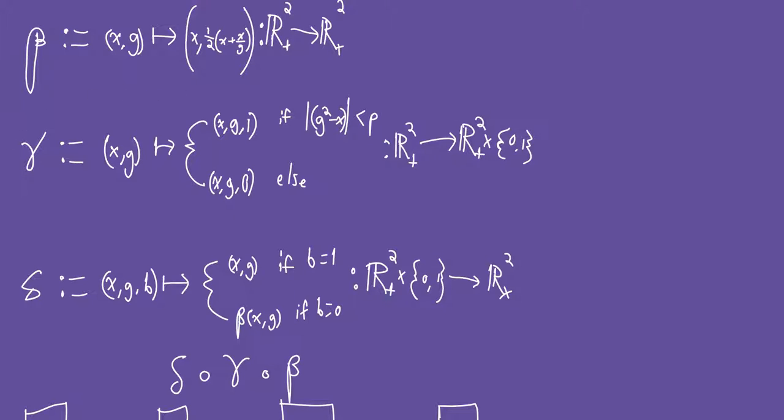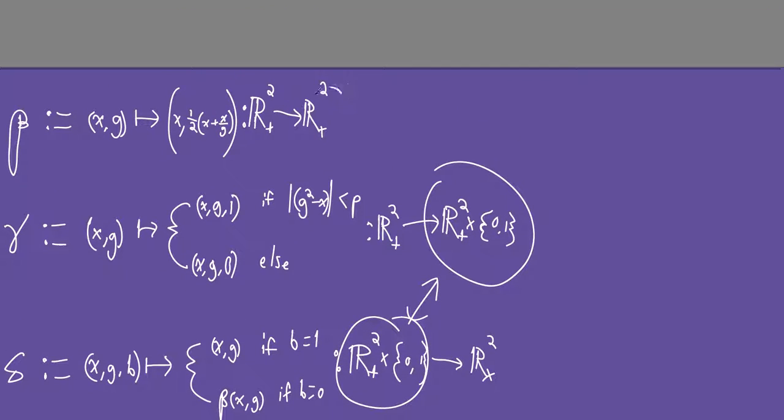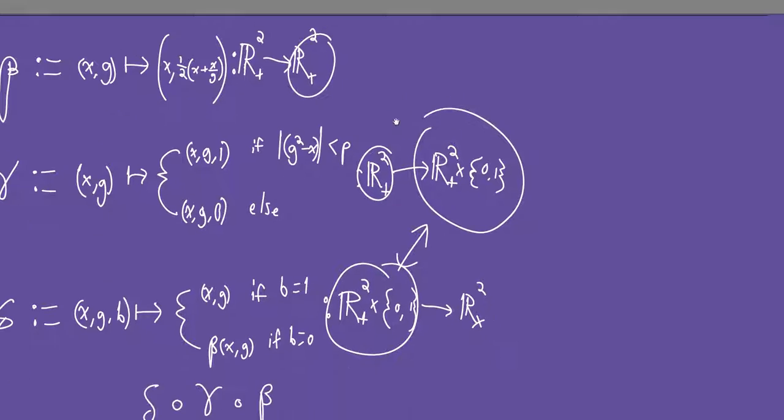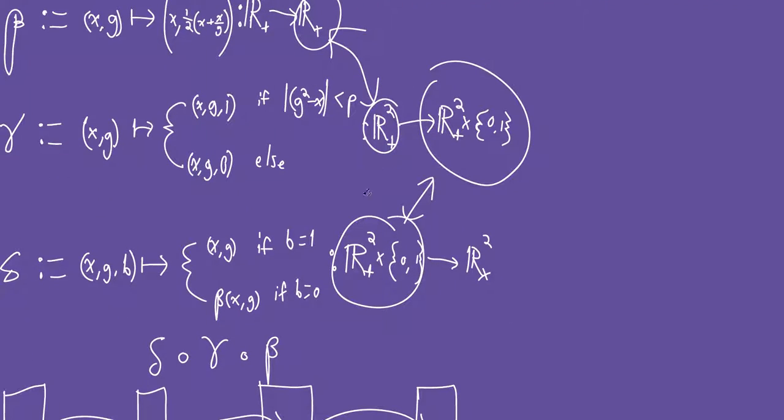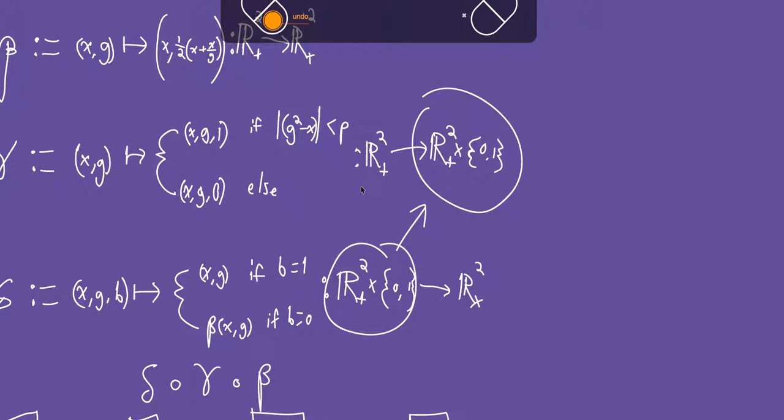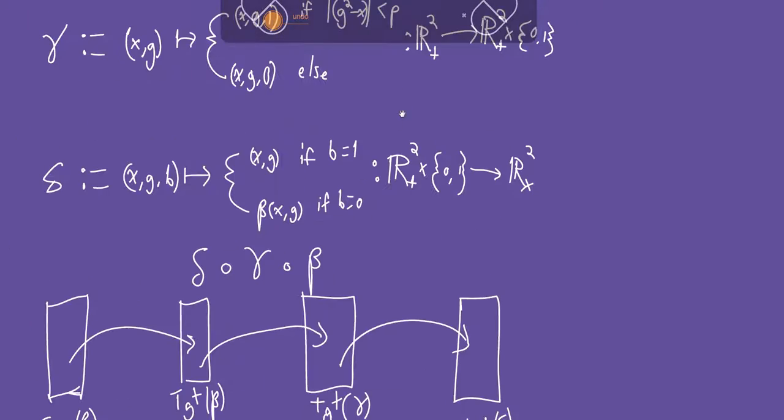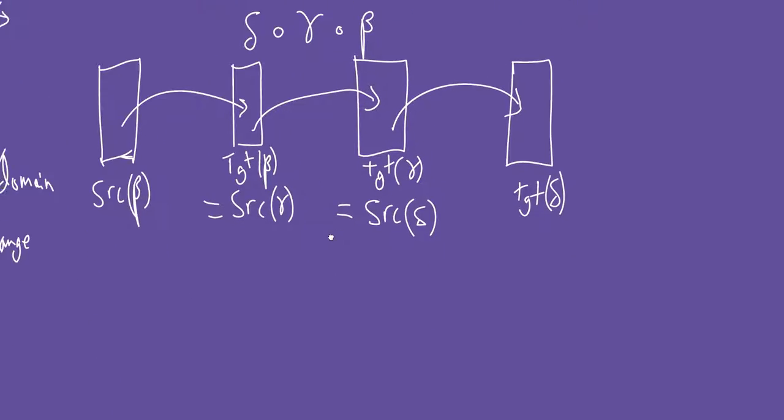This set and this set are equal, completely interchangeable, just like this set and this set. Since those equalities hold, this is a completely valid, legal composition, and it's totally going to work.